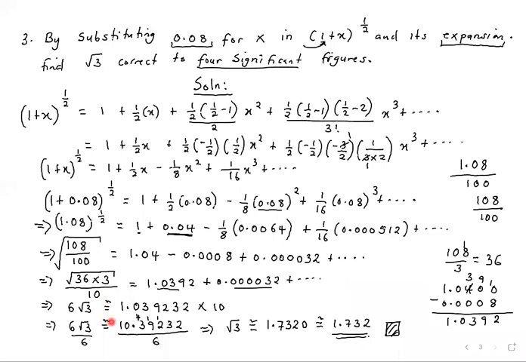Approximating, divide by 6, so root 3 approximately is, when you divide 6 into this number, you get this guy here. You want 4 significant figures, so you get this one here. To show that we are done, we have this one here. Hence, done.